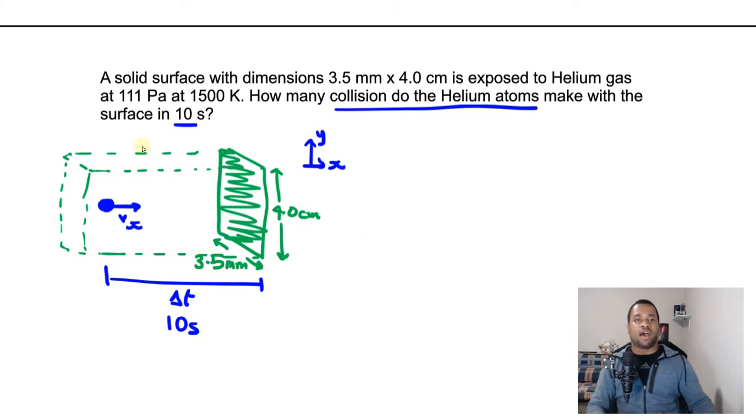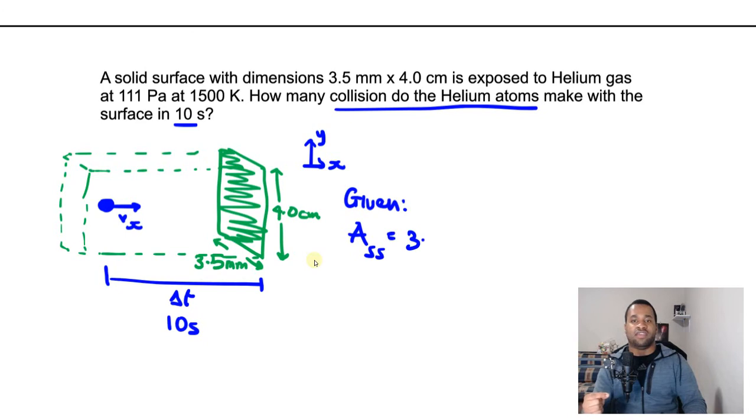So this is the necessary information, and other information comes from the givens. First, we are given the area indirectly, and to determine it we first need to convert our units. We have 3.5 millimeters by 4.0 centimeters.